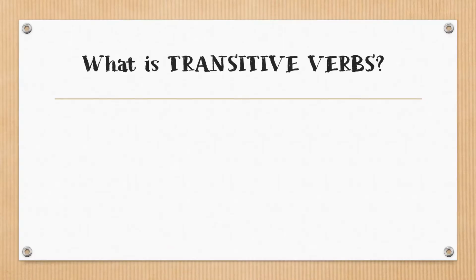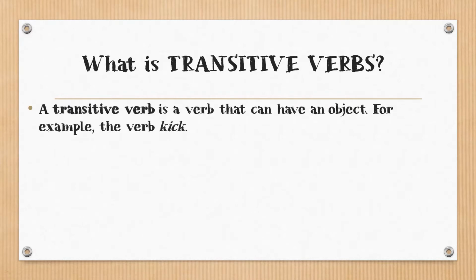Apa itu transitive? What is transitive verbs? Okay, transitive verbs is a verb that can have one object ataupun an object or objects. Tak kisahlah berapa objek pun, tapi selepas verb tu dia ada objek. For example, the verb kick. Kita nak kick, tendang. So, for example, Sandra kicked the ball.